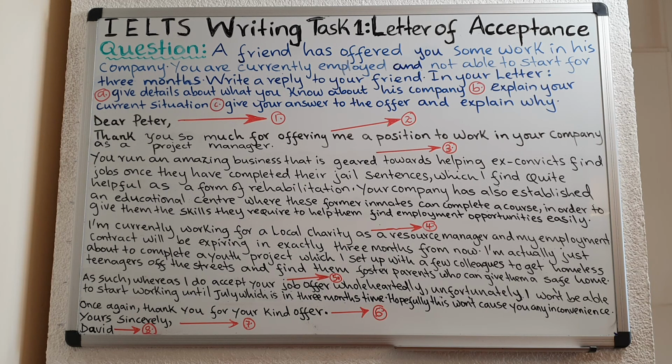A complex sentence, on the other hand, has two or more linking words. You'll notice that my sentences are very long because I'm aiming for a band 9. So if you're aiming for a band 9 or band 8, then you need to use a lot of complex and compound sentences in your letter.